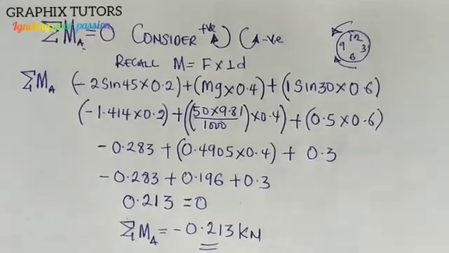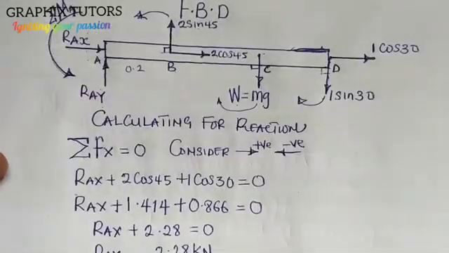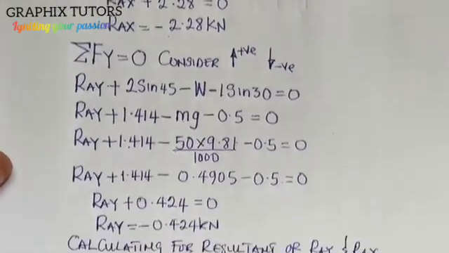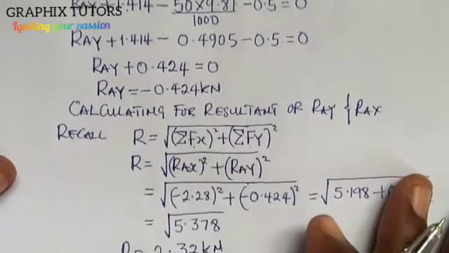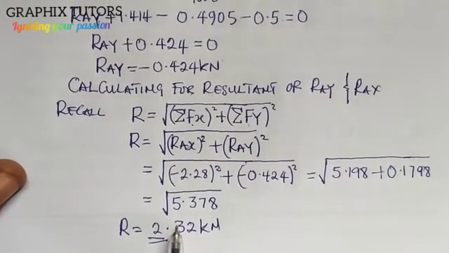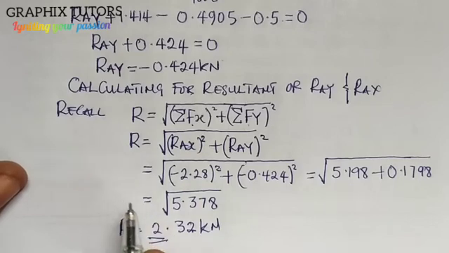You see, in our earlier solution here, we calculated for the resultant force and the reaction, right? Now this is the reaction. I told you whenever you calculate for resultant force, you have to calculate for the angle at which the resultant force is inclined.